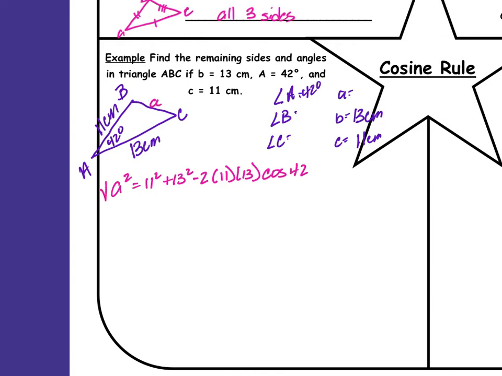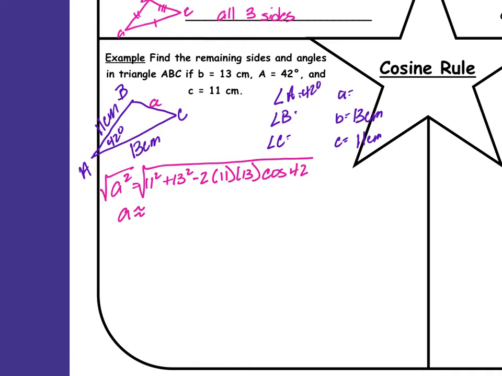So I just want to take the square root here and the square root here. And A is approximately going to be equal to, I'm just going to put that into my calculator. And let's see what we get.